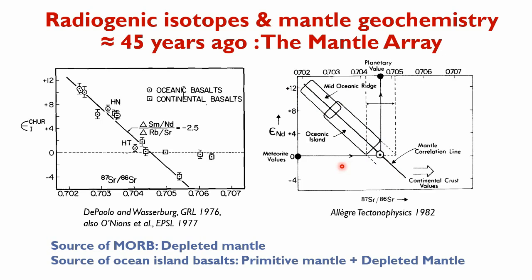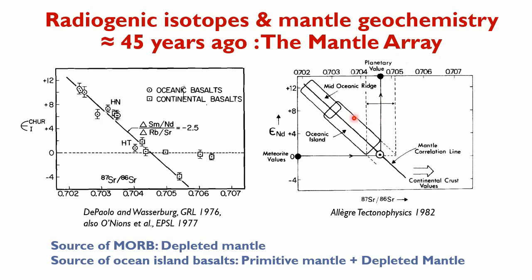The way it's been done is that the epsilon neodymium value of chondrite was known from neodymium isotopes, and the correlation here was used to determine the planetary value for strontium, 0.7045, because we didn't know it, and it was determined this way. And when you see how we now change our opinion about how we explain the mantle array, maybe we should revisit this issue, okay?